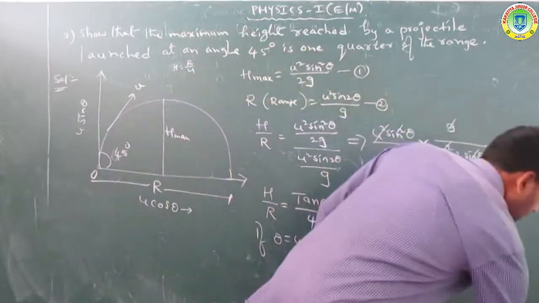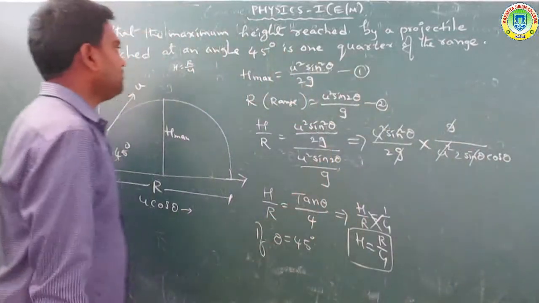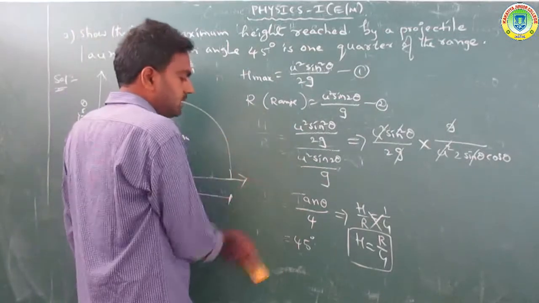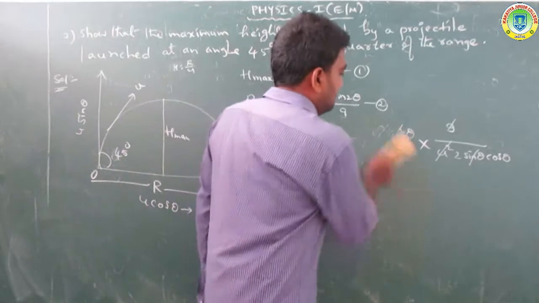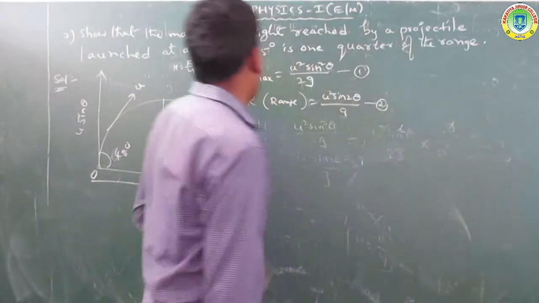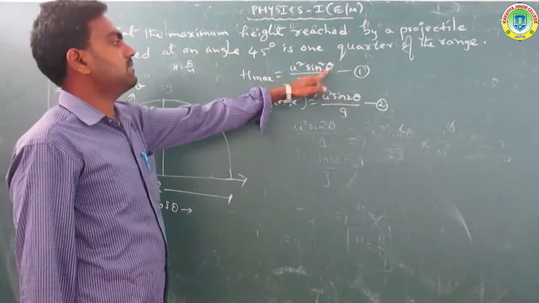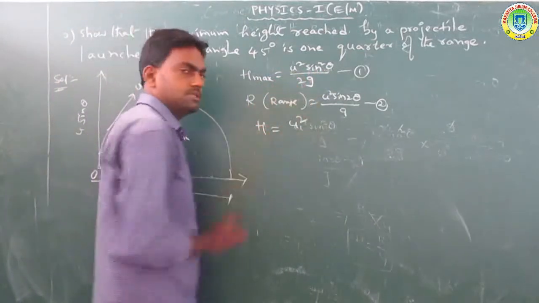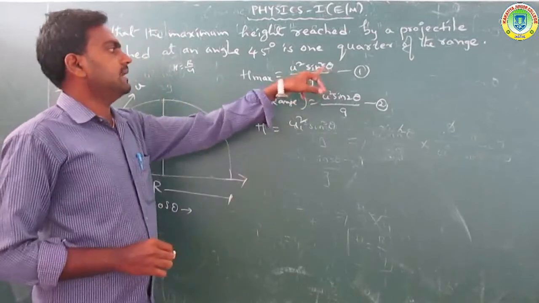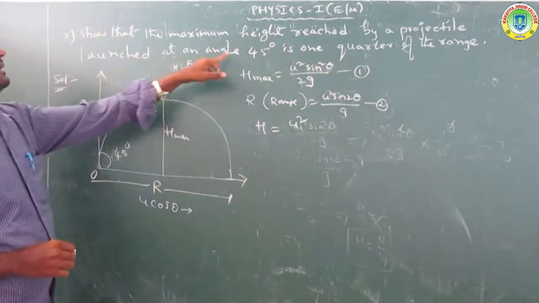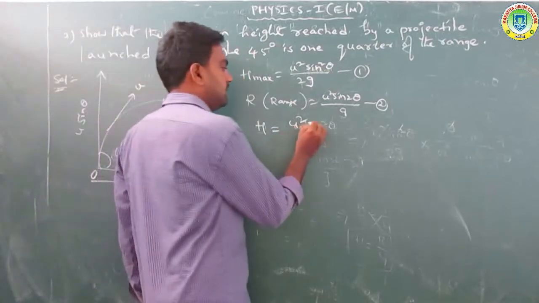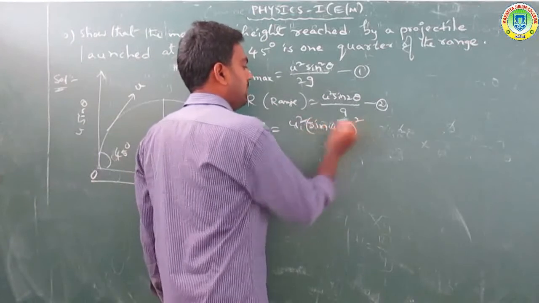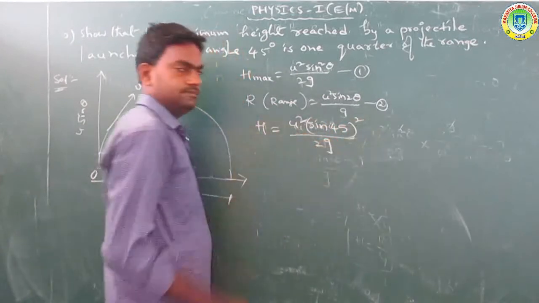This is one of the methods, and another method is also possible. The maximum height H is equal to u square sin square theta by 2g. The projectile is launched at an angle of 45 degrees, so H is equal to u square sin 45 whole square by 2g.